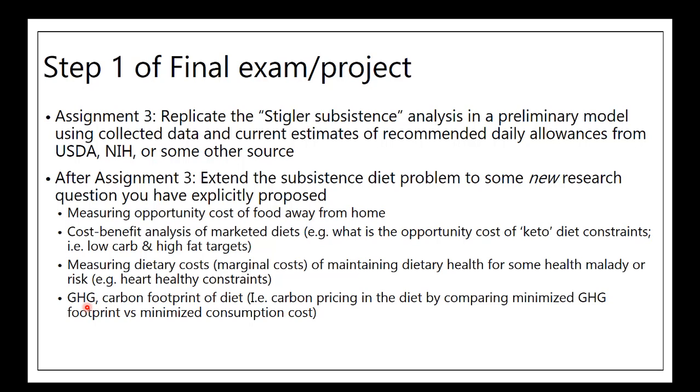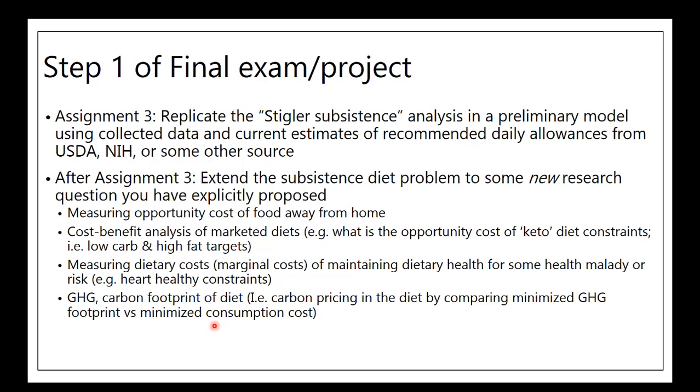And then you can think about GHG, the carbon footprint of the diet. If you had some life cycle estimates, which are published in lots of places for different food ingredients, essentially what's the carbon history of the production of this food item, specifically maybe for a ruminant animal that has a methane output associated with this life cycle.